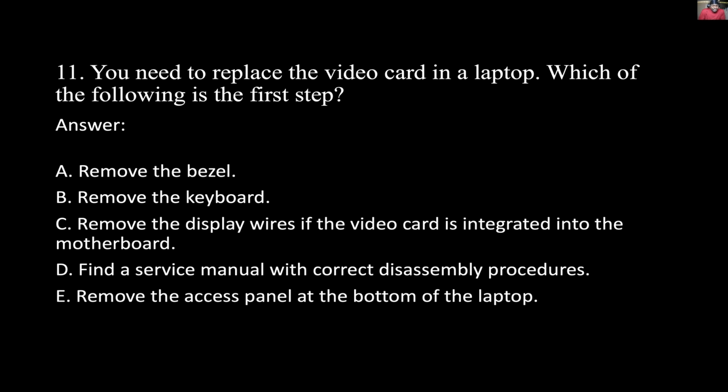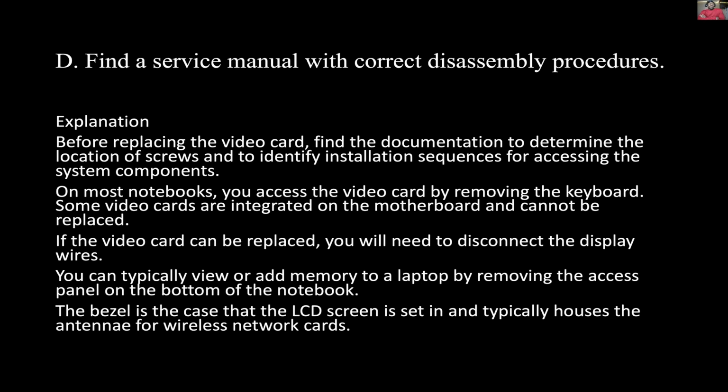But D and E. I'd go for D. Find a service manual with correct disassembly procedures. So I didn't tell you which will you do, or how will you go about it. Which will you do first?